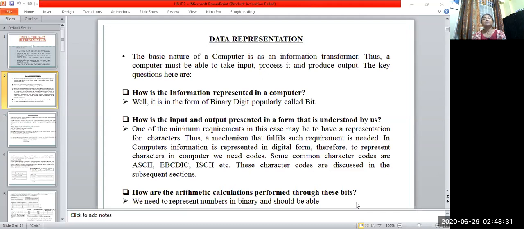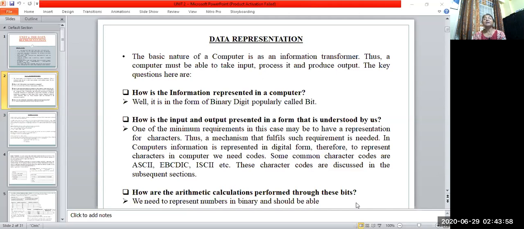So we can say information is represented in a computer in the form of binary digits. The short form of binary digit is bit, which is popularly known. Bit is the smallest unit of data or information.